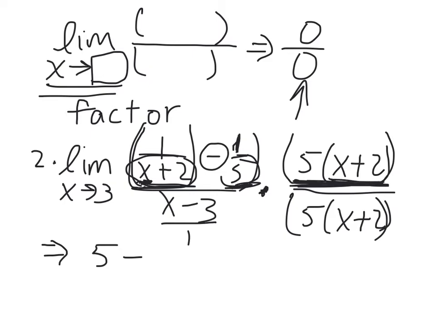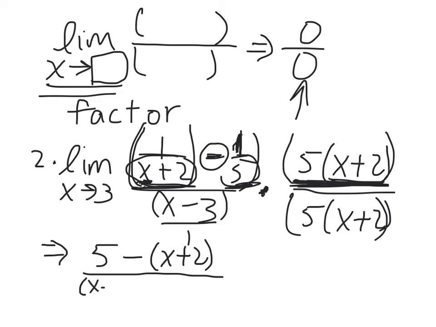Now careful, this is the quantity of x plus 2. Okay, we have minus, I guess you could think 1 minus 1 times the quantity of x plus 2. And then the denominator, well, there's nothing really to simplify there. We've got our x minus 3, we've got 5, we've got x plus 2.